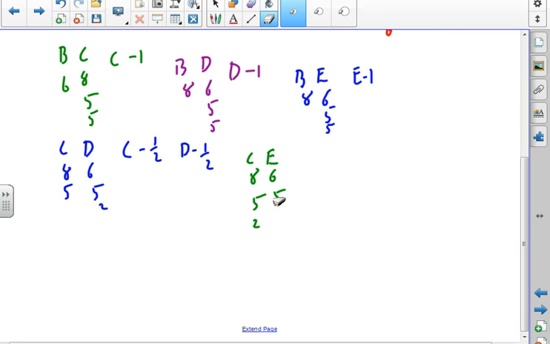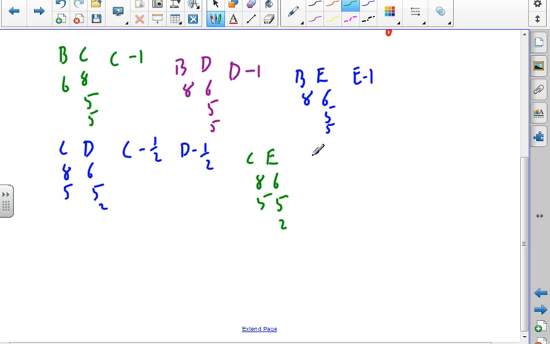I'm going to do that over again. I'm looking at E versus C. All right, so 8, 6, 5, 5, 2 goes there. That's a tie again. C gets 1/2, E gets 1/2.